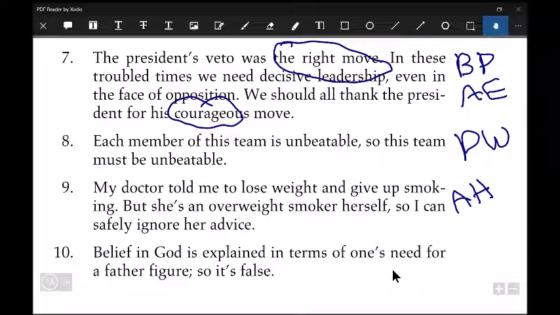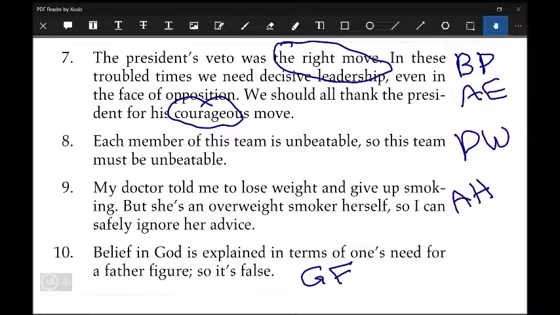Number 10, belief in God is explained in terms of one's need for a father figure, so it's false. This is genetic fallacy. To show that the view is false, you have to attack the view and not talk about how you got the view. This is kind of the Freudian explanation of why people believe in God. You want a big daddy in your mind to protect you from problems.